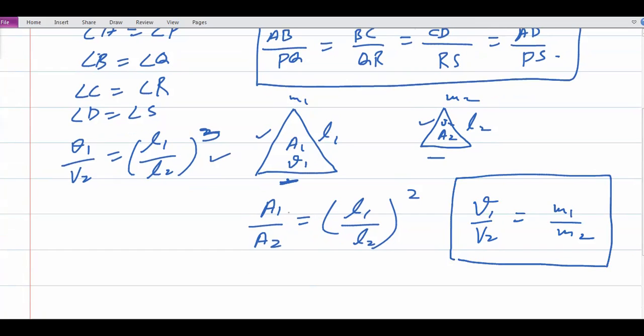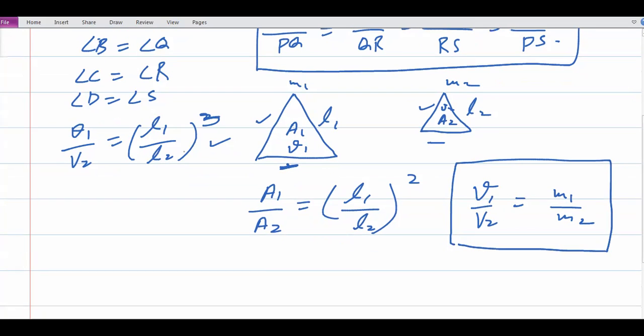Now, if I make a relation between V1 over V2 and A1 over A2, I can say that for similar shapes, the ratio of the areas A1 over A2 will be equal to V1 over V2 to the power 2 over 3.